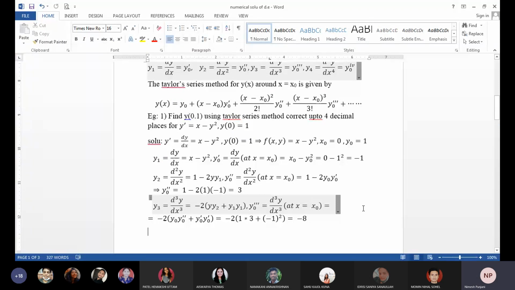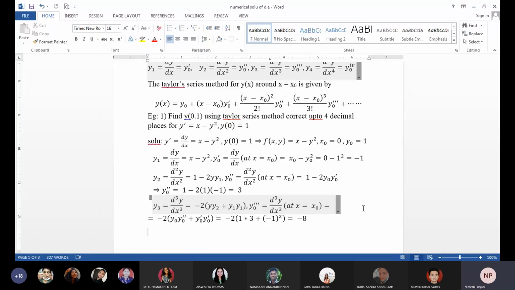So we get the expression as minus 2 times y into y2 plus y1 square. It is y1 into y1, that is y1 square. Then y0 triple dash means the value of the third order derivative when x is equal to x0.